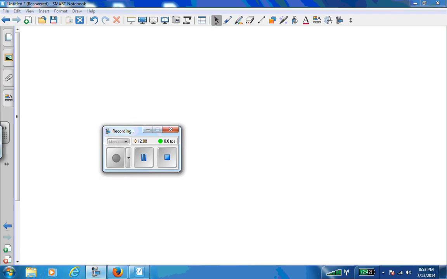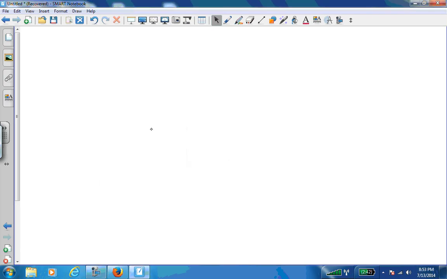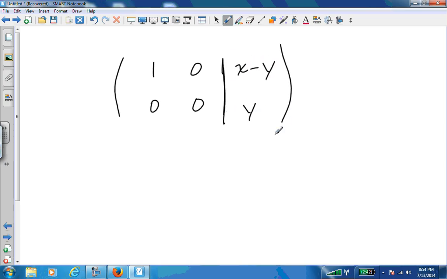Now briefly, let's just mention, when do we have two vectors that don't span a particular space? If we row reduce and we get something like this, then there's no solution to this.